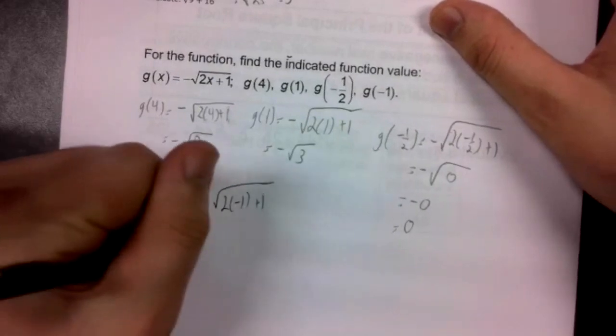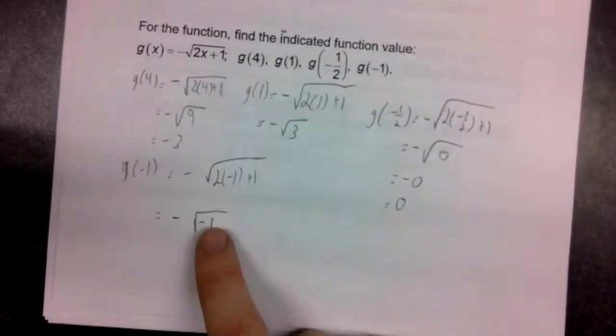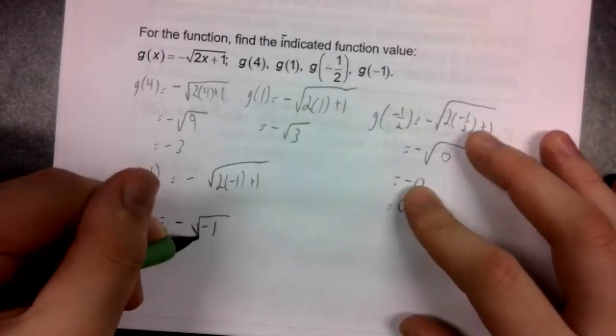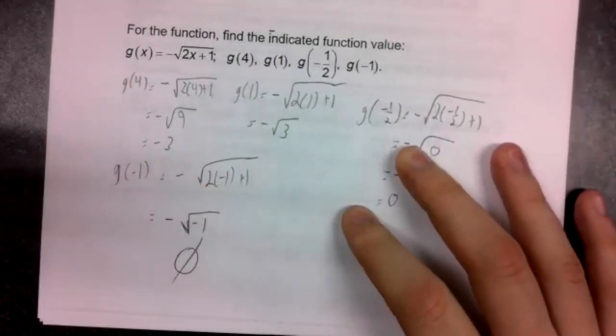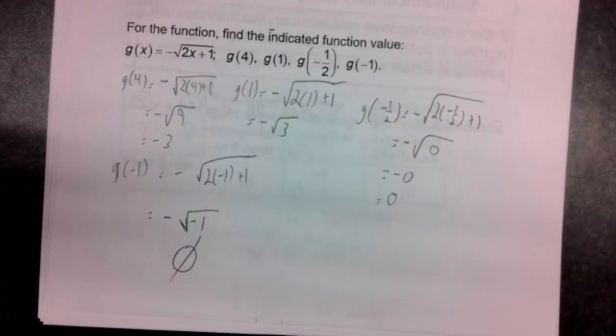This is equal to the negative of the square root of negative 1. And notice that we have a negative under here, right? So we can't have a negative square root because no two positive numbers multiply together to give us a negative 1. So this one has no solution, right? There's no real numbers that'll give us the square root of negative 1. Okay.